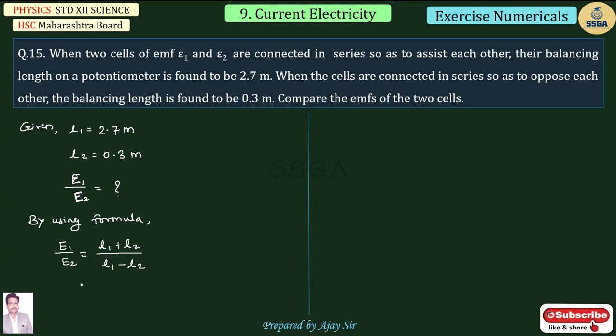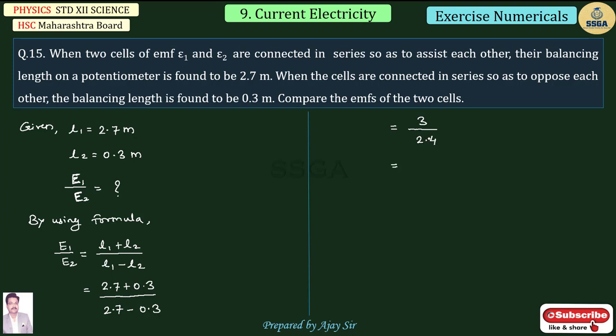Therefore let us put the given values. L1, that is 2.7, plus L2, that is 0.3, divided by L1 2.7 minus L2 0.3. So numerator 2.7 plus 0.3 is 3, divided by 2.7 minus 0.3, that is 2.4.